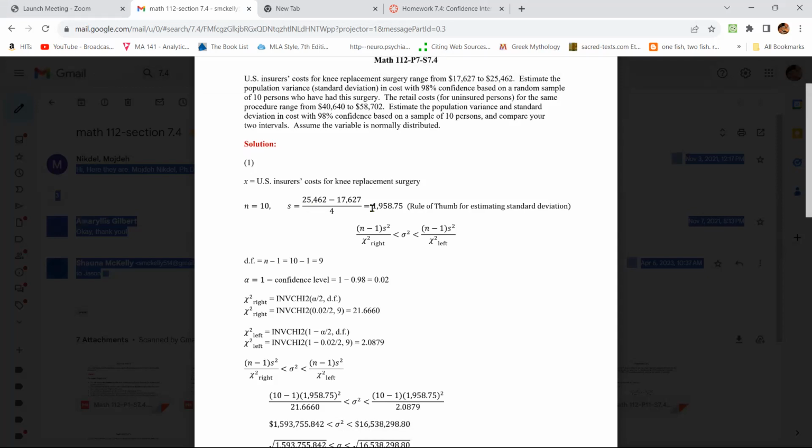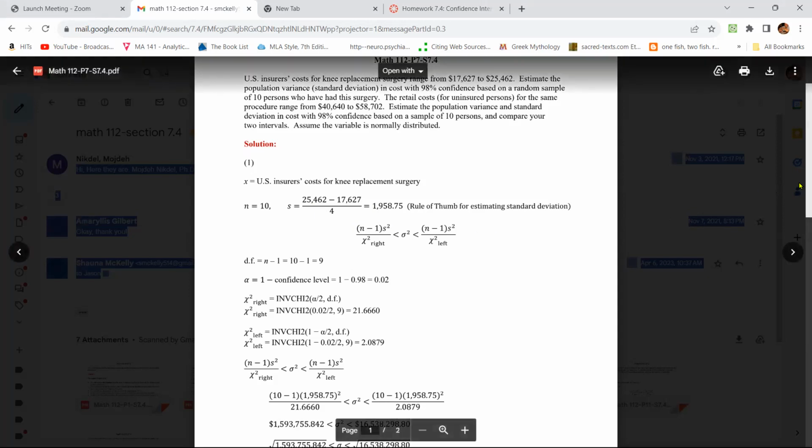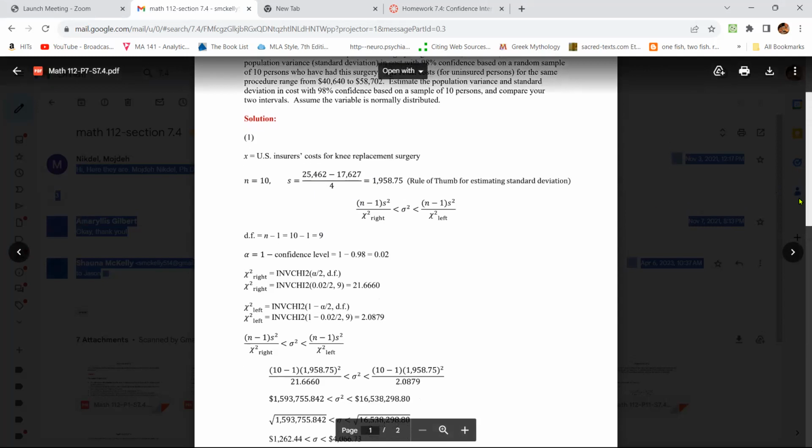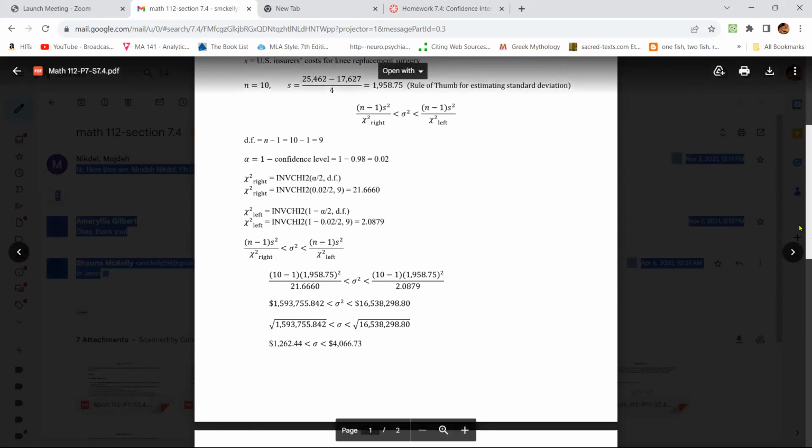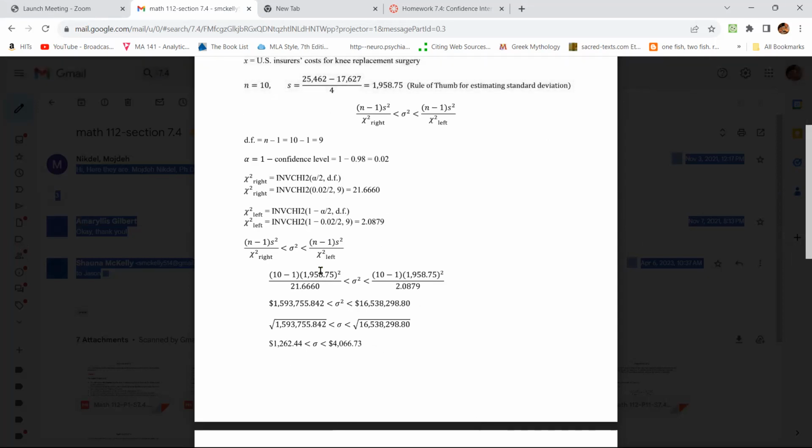That's 1,958.75. Your formula's in the middle of the screen. For those of you who are using the calculator, these are your calculator values and your calculator procedures.